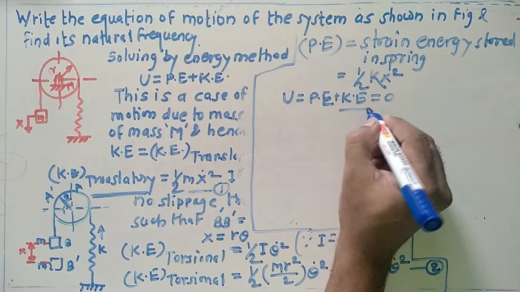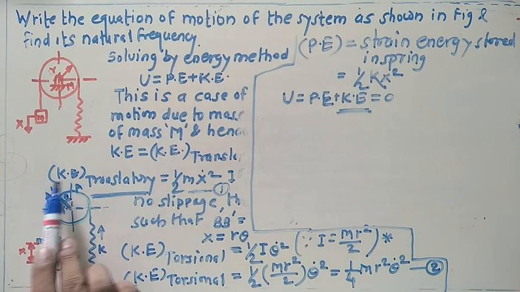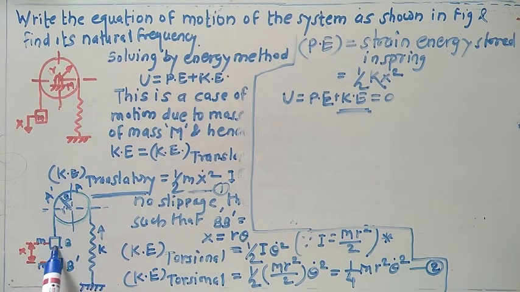This kinetic energy is nothing but the addition of the energy possessed by this mass during the translatory motion and during the torsional motion.